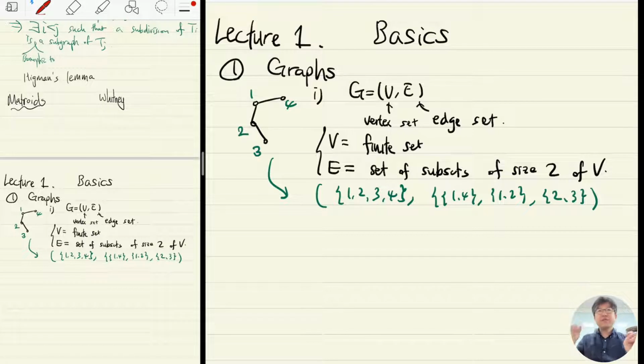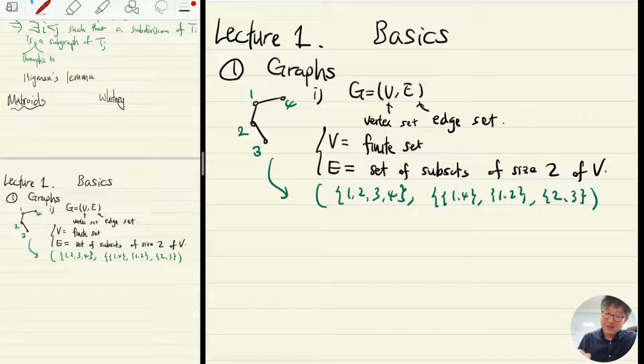This might be a perfect definition if you want to study simple graphs. But unfortunately, this cannot cover all possible cases.